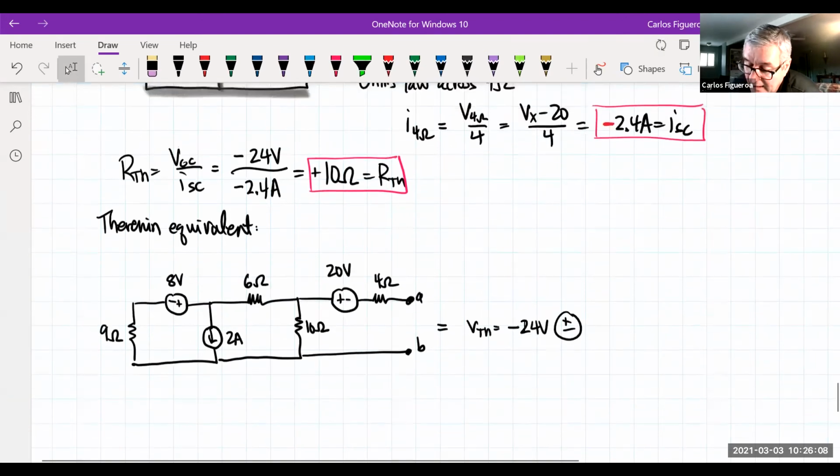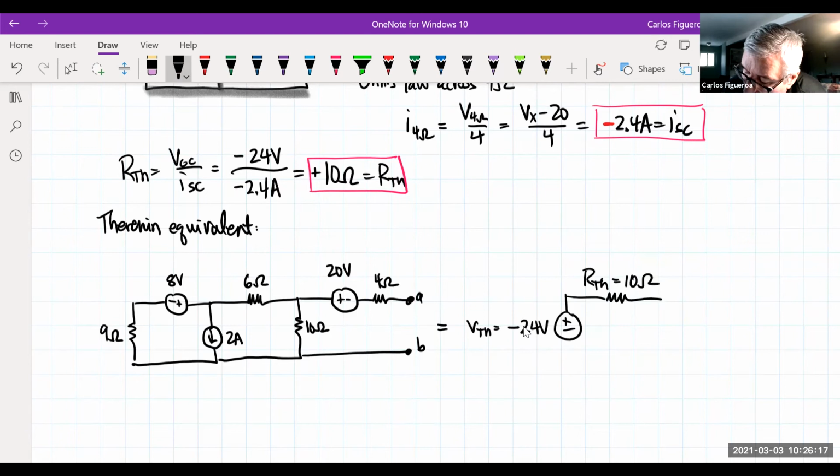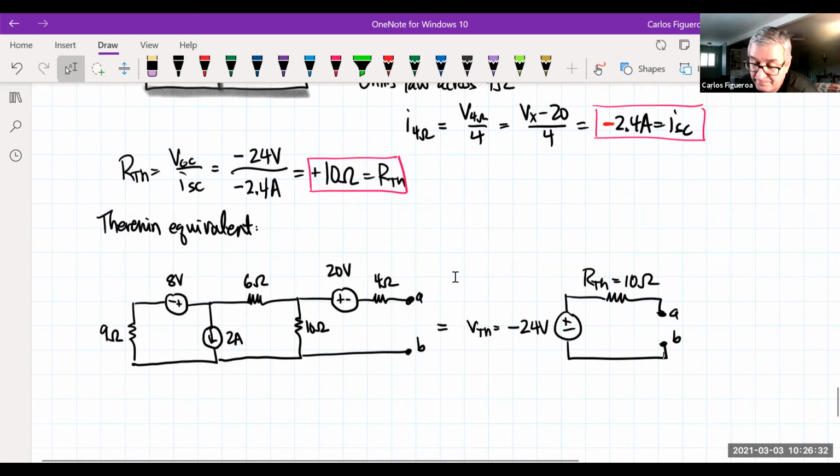And then I have a positive resistance of 10 ohms. These two circuits are identical, right? They are identical. I can't tell the difference between them.